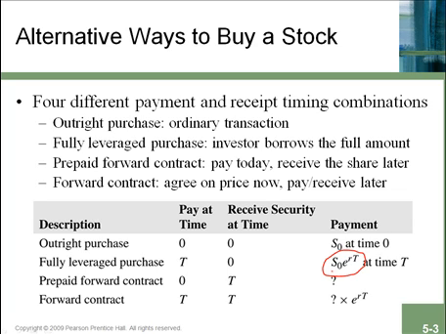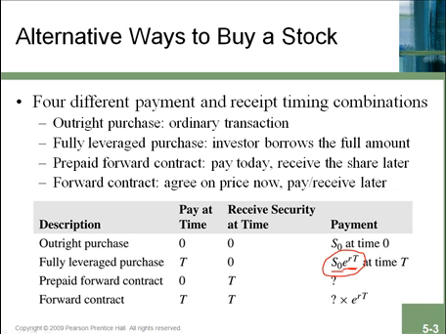That was the amount you had to borrow to make the purchase. And then, since you're paying later, there's going to be interest that accrues on that loan at the rate of R, which is the risk-free rate, for a length of time T. And so the amount that you have to repay on that loan at the future date is S0 times e to the RT.